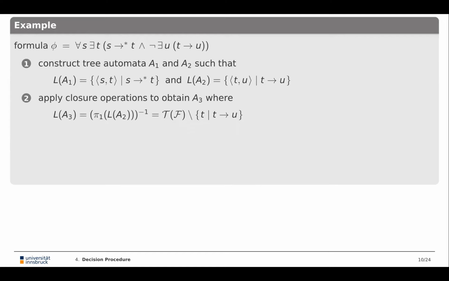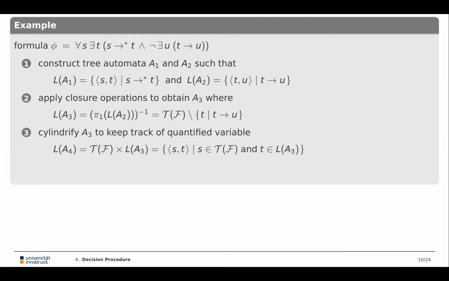This then is the set of all ground terms which can be rewritten in a single step. Since we have the negation in front of this formula, we also take the complement of the automaton, as you can see here, to construct the automaton A3. And this is then the set which accepts all ground normal forms.